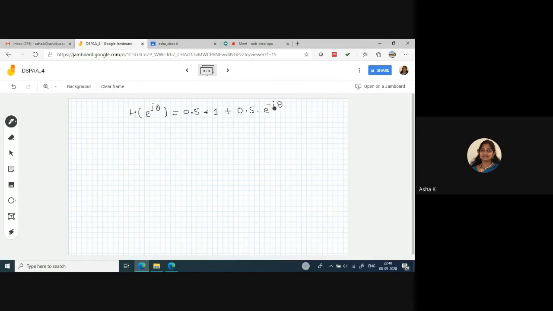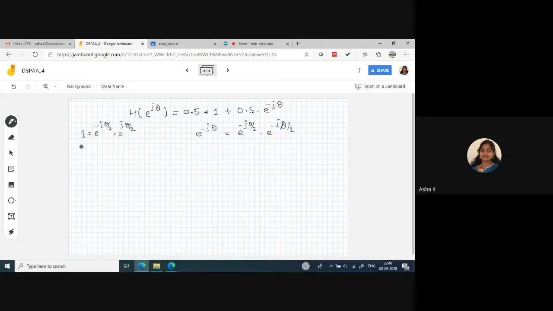For further simplification, I'll write 1 is equal to e power minus j theta by 2 into e power j theta by 2. Further, I'll expand e power minus j theta as e power minus j theta by 2 into e power minus j theta by 2.